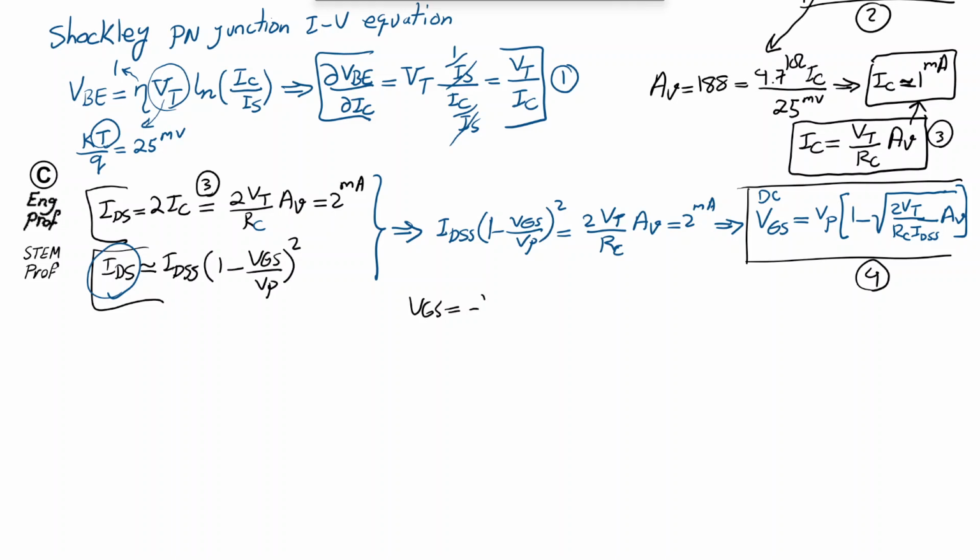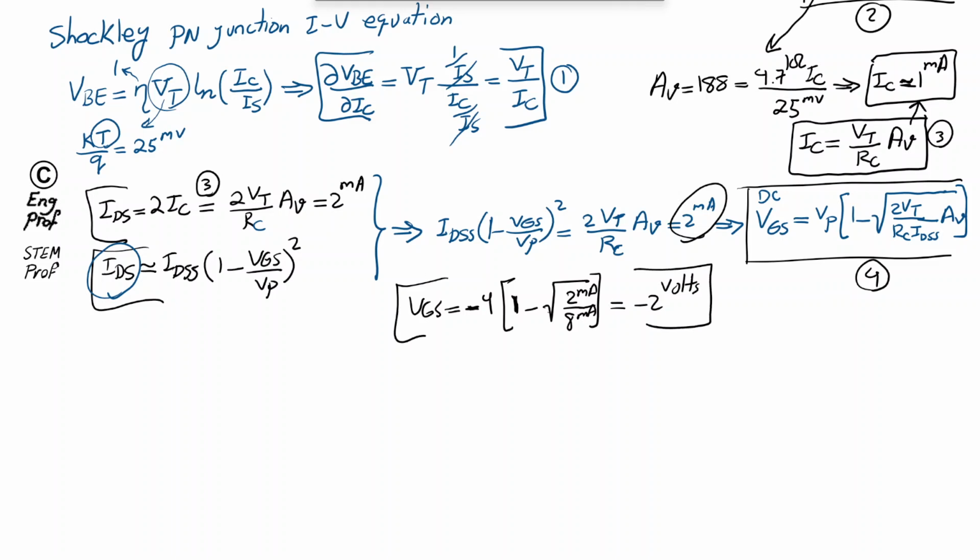We have -4 for VP, V pinch off, times 1 minus square root of 2 divided by 8, so 2 milliamp divided by 8 milliamp, and it becomes simply -2 volt. So that is the voltage of gate source in DC value.